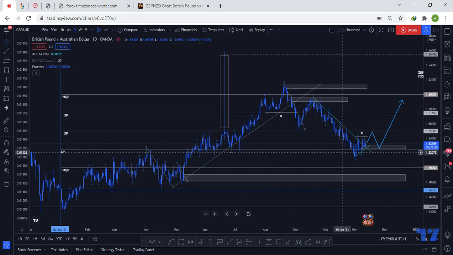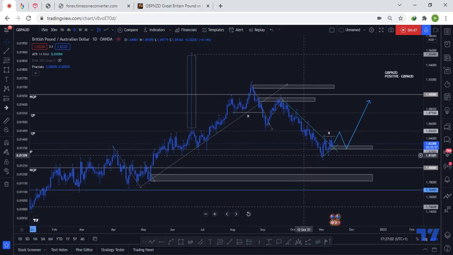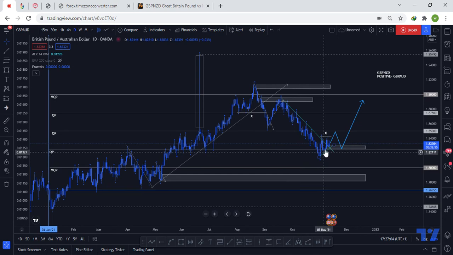Now we have a minor quarter point. We've broken out of the trend line, but we have not broken this high. I want us to break this high, then come back here for a retest into my demand zone, then I buy. That's what I'm looking for on this pair.